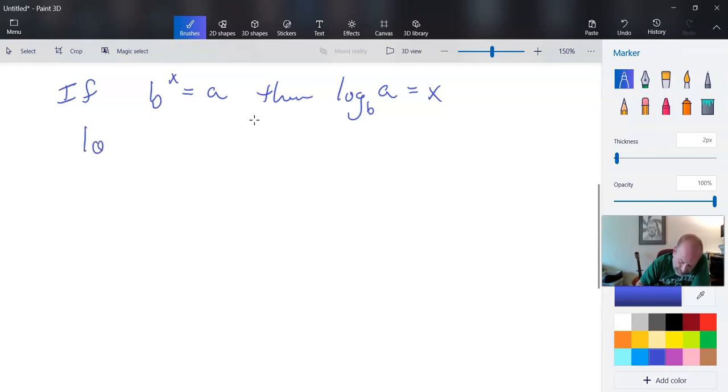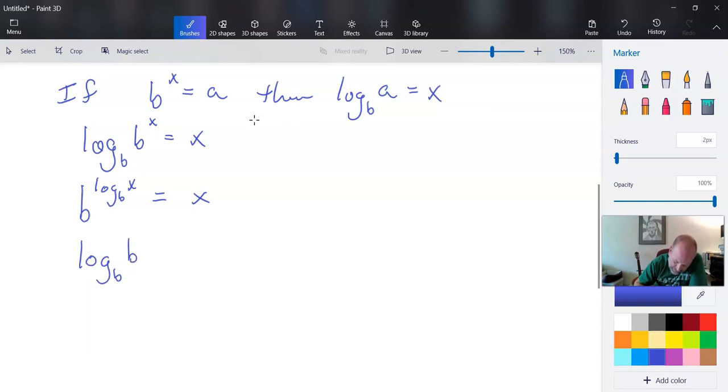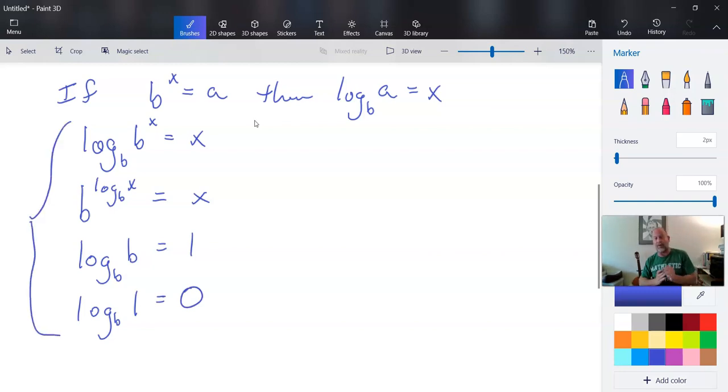We found that log base b of b to the x is just equal to x. We also found that b to the log base b of x is also equal to x. We found that log base b of b is equal to 1, and log base b of 1 is equal to 0 all the time. And so those are some pretty important properties, right? There's actually more properties that we're going to be getting to, but these are the big ones.